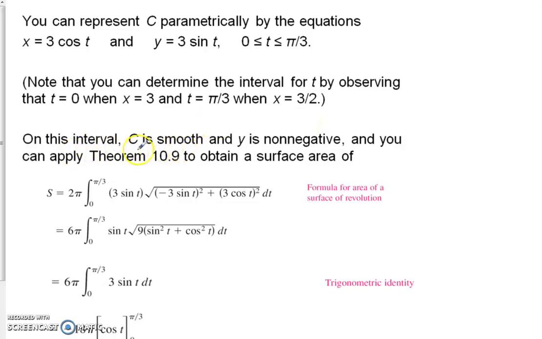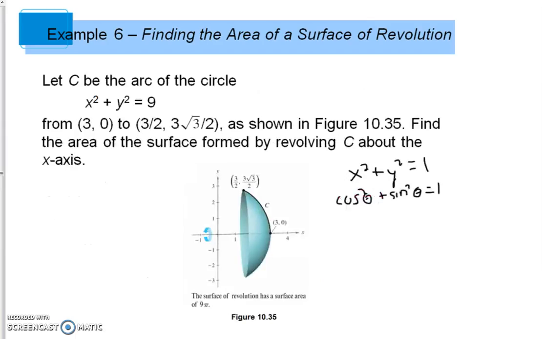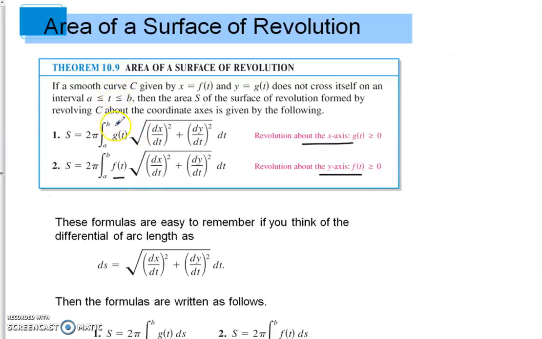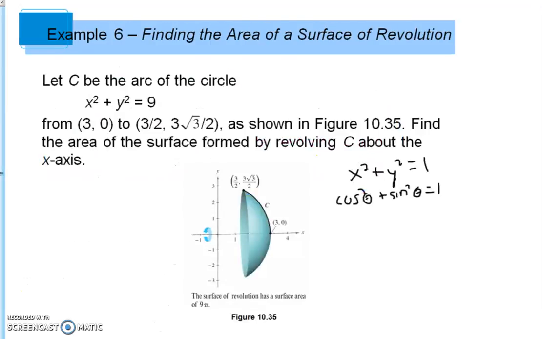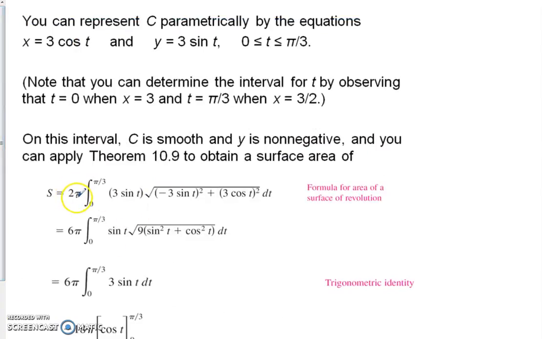All right, on this interval then, C is smooth, y is non-negative, and you can apply theorem 10.9, which is 2 pages ago right here. Remember, we're going around the x-axis this time, so we're using this one. So we get 2 pi times the integral from 0 to pi over 3 of 3 sine t times the square root of the derivative of this base squared plus the derivative of this one squared.